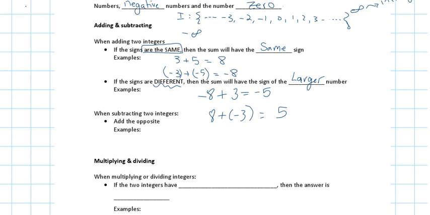When subtracting two integers, add the opposite. What I mean by this is, I don't usually like this whole idea, but think about it this way. If you have 3 minus 4, basically what they're saying here, I'm subtracting two integers, right? I'm subtracting 3 and then I'm subtracting 4. It's the same thing as writing 3 plus minus 4.